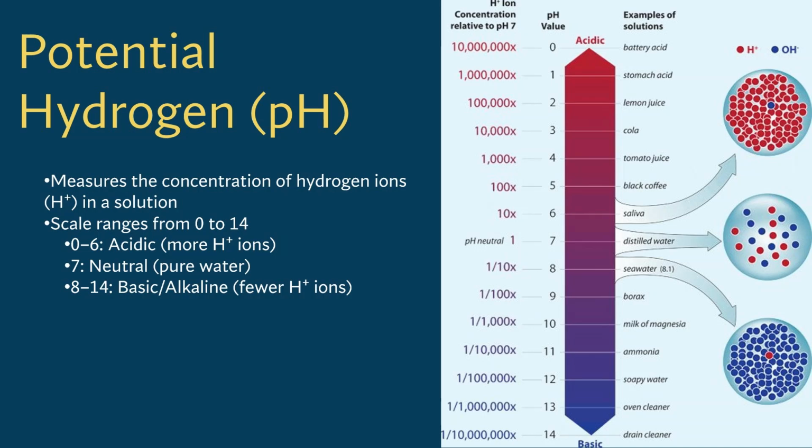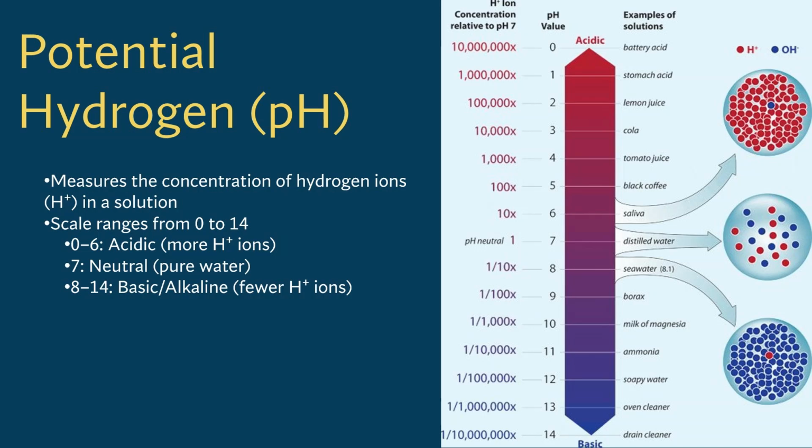And the scale goes up to 14, and as we get closer to 14, we're considered more basic or more alkaline. 7 is in the center and is considered neutral. What this means is that when we are neutral, we have a balanced number of hydrogen ions and hydroxide ions. The hydroxide are represented as OH negative.